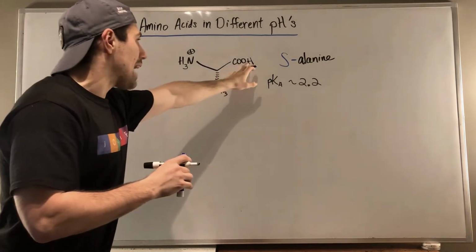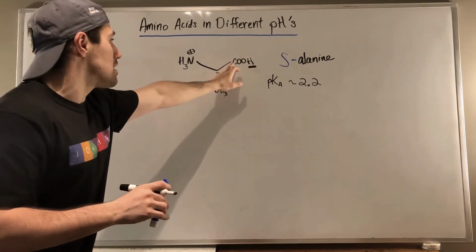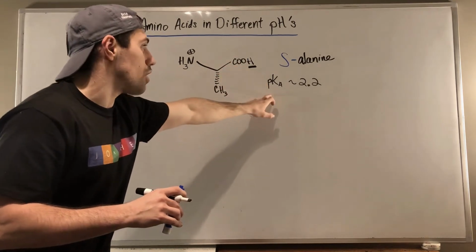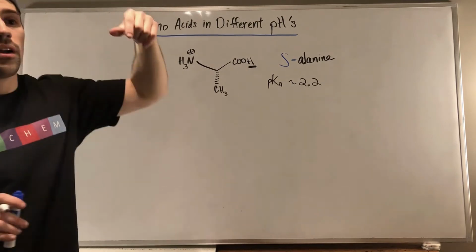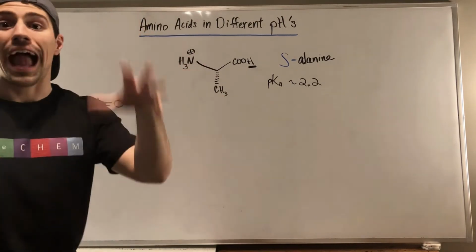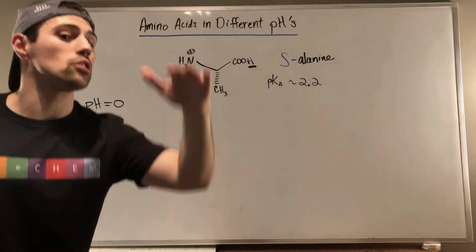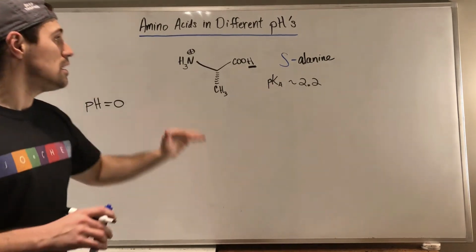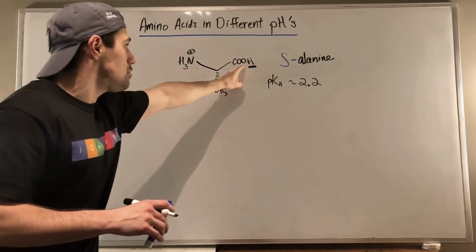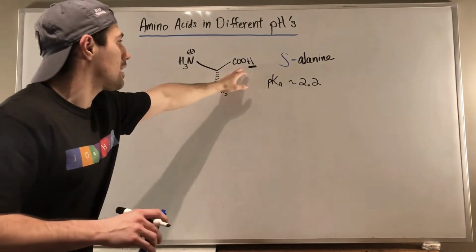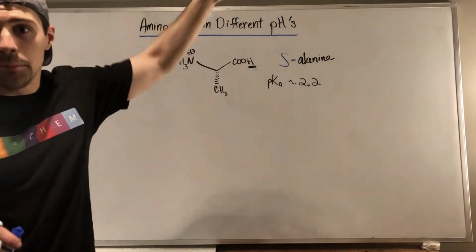Since this acid, I like to think of it as this acid right here can do its job up until pH 2.2. So if there's a stronger acid around, if we are below pH 2.2, something is going to protonate this right here. This H only leaves, and we only get a negative charge when we are above pH 2.2.